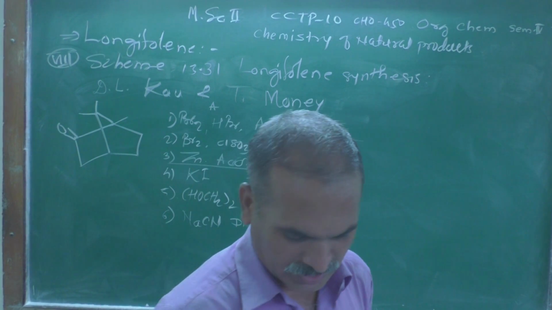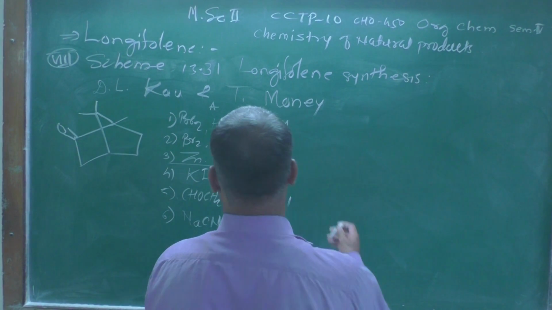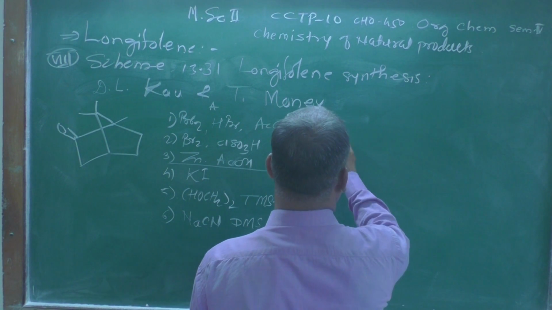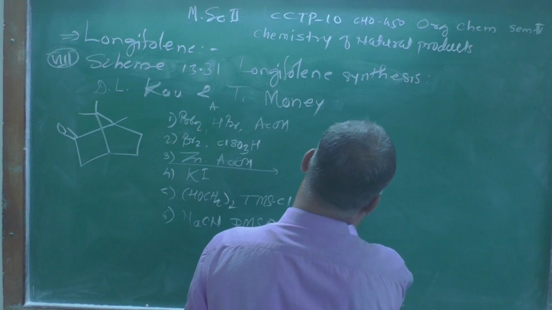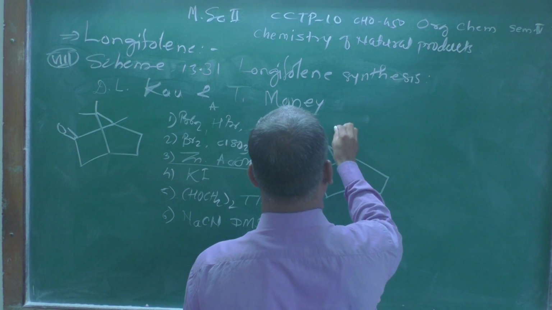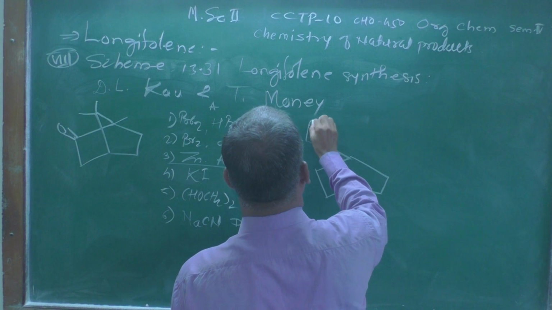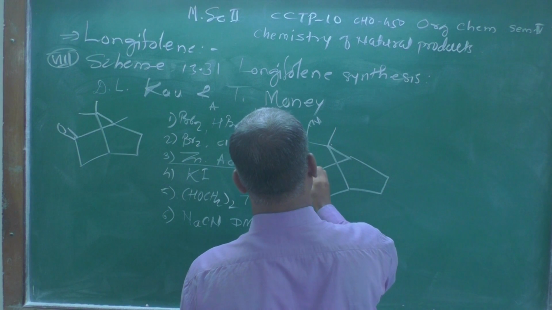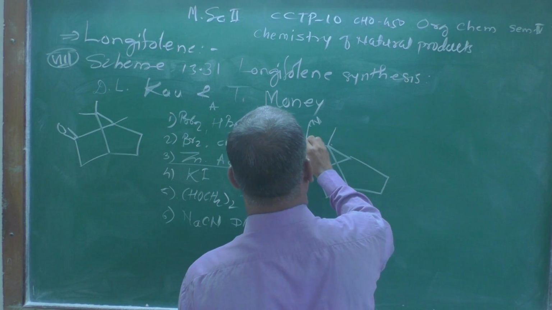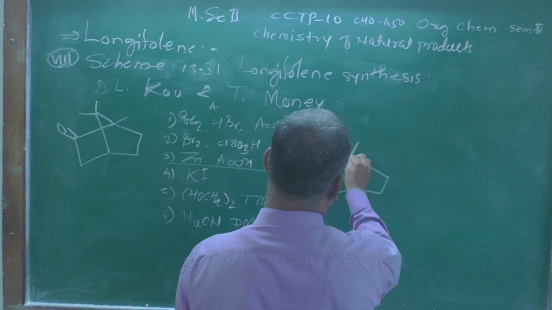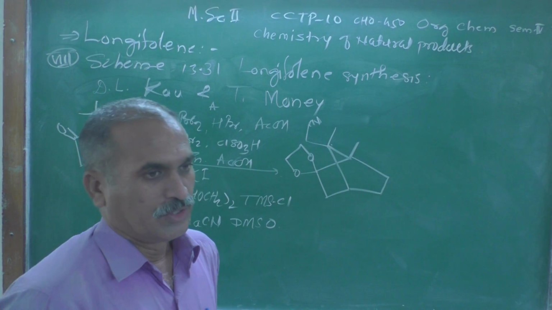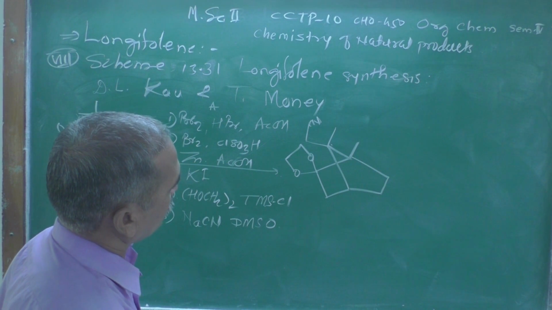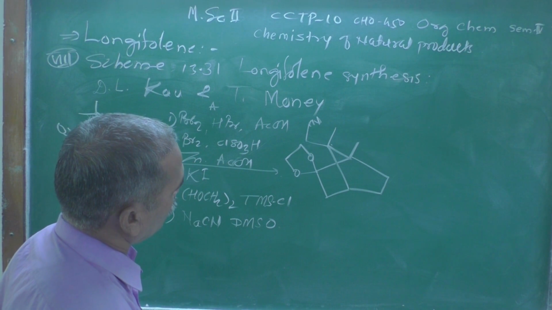And what they got is the product which I am going to represent here. See carefully, here is the product which they have got, this one, and this remains as it is. If you observe the product carefully, what do you see?